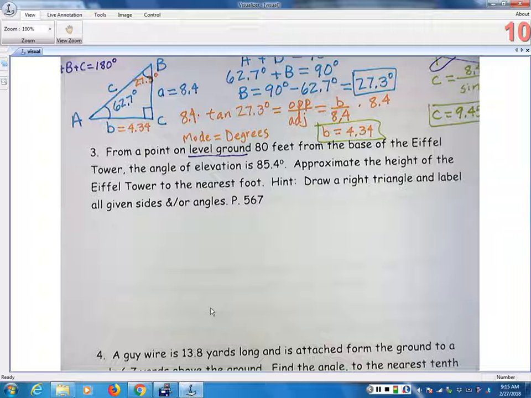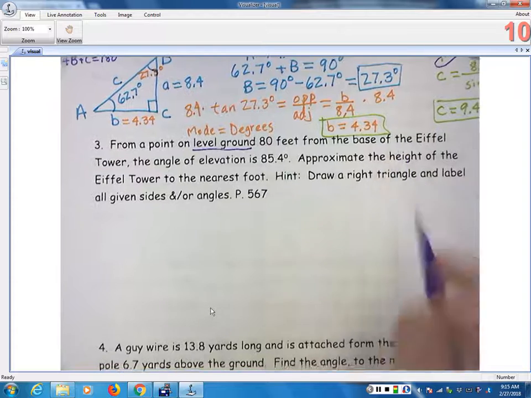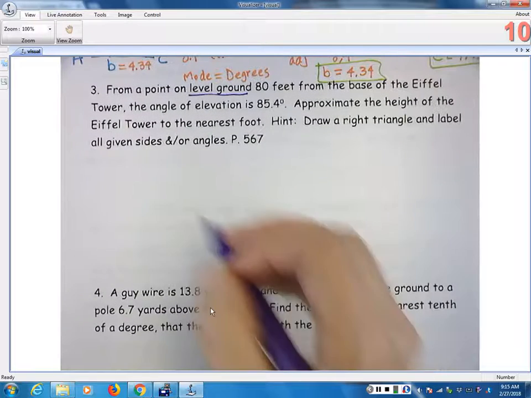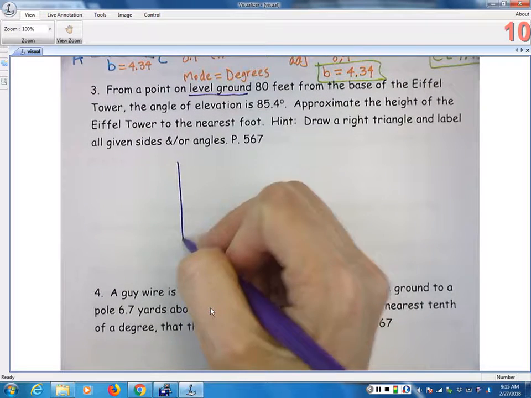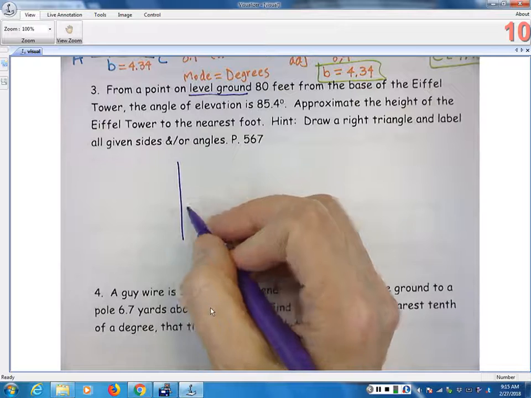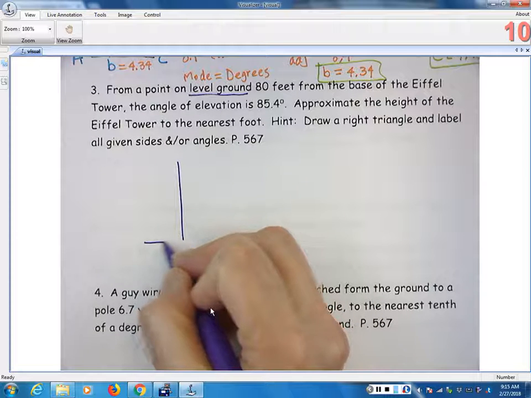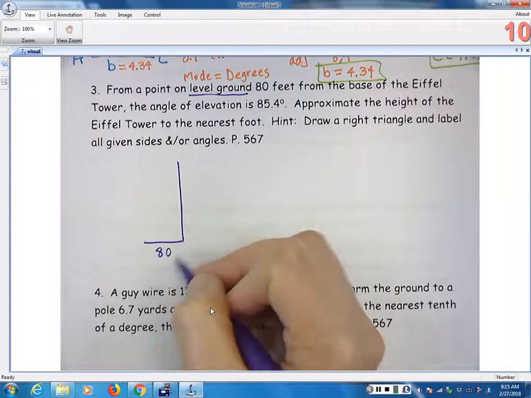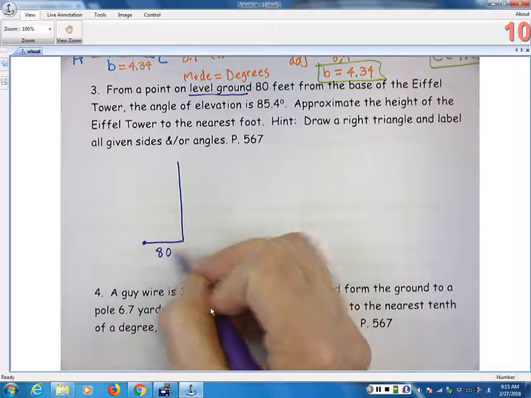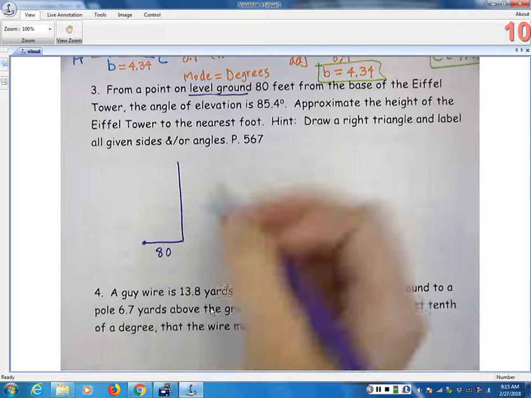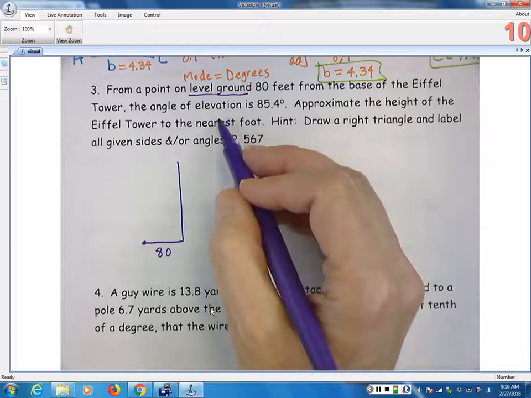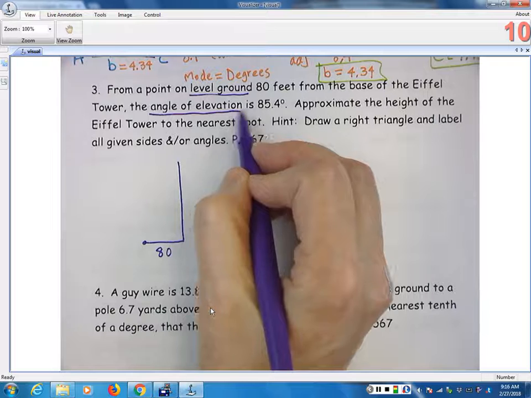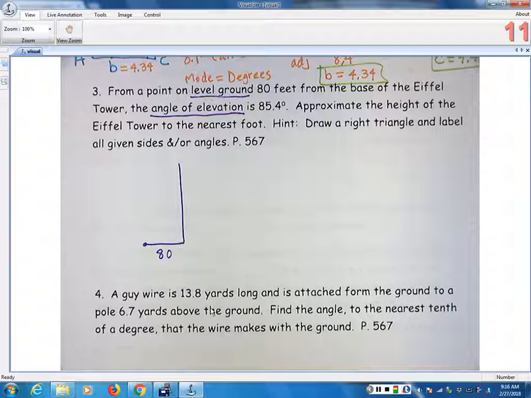All right, so here's a point on level ground. This is the Eiffel Tower. This point is 80 feet from the base of the Eiffel Tower, and you need to know the angle of elevation.